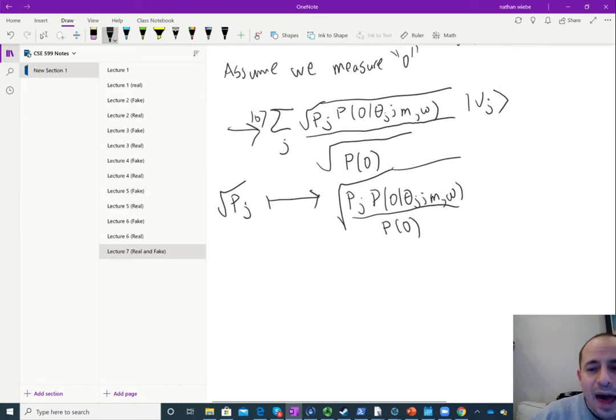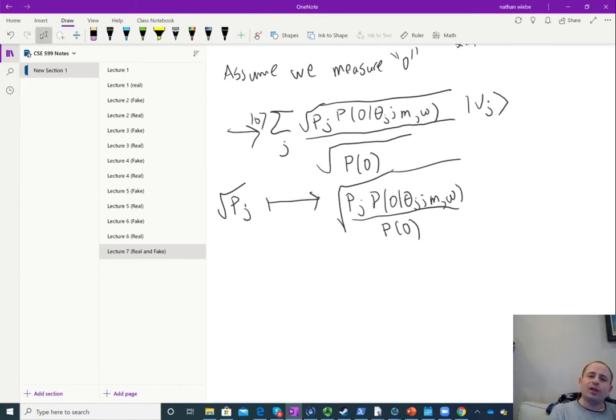Okay, so this is really kind of neat. And this is true for a partial measurement more broadly. The way that the coefficients are being updated is actually identical to Bayes' theorem, except Bayes' theorem doesn't have the square root.